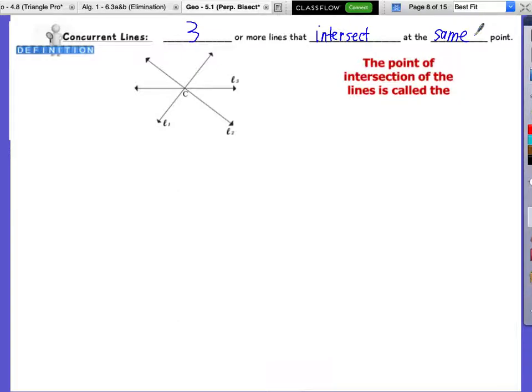Okay? So those three perpendicular bisectors would be what we call concurrent. Now, the point of intersection of these lines is called the point of concurrency. Very good. So in this case, point C is our point of concurrency.